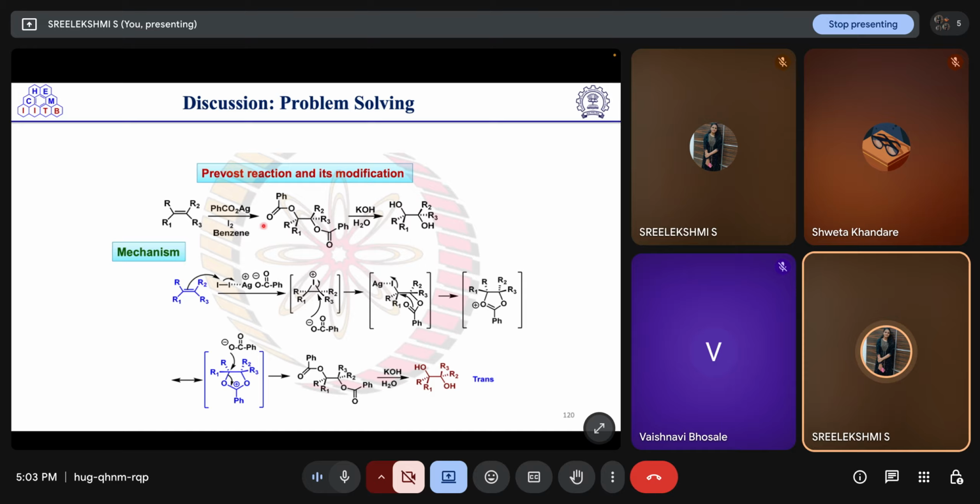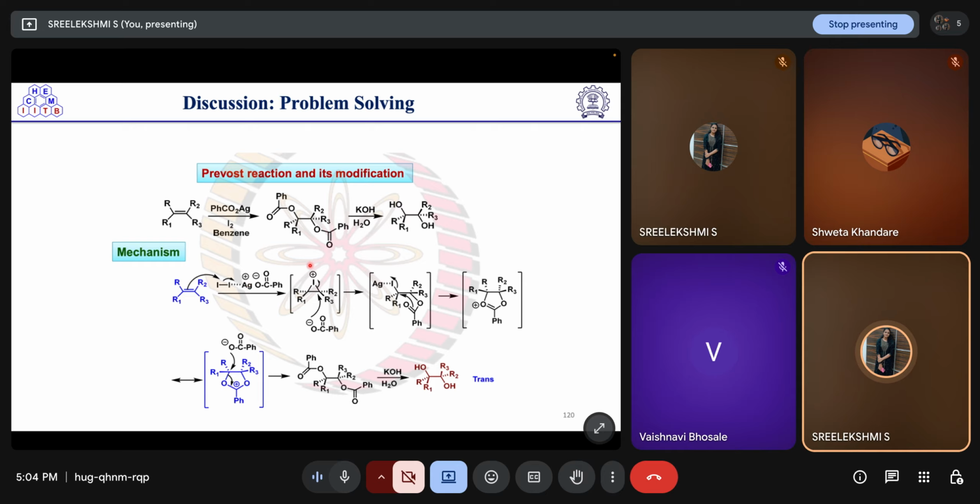Now we will see the mechanism of this reaction. What is happening first? Firstly, here we are using iodine. So this double bond will attack iodine. We know I2 means I plus and I minus. The double bond will be attacking I plus, and this I minus will be coordinated to the silver cation.